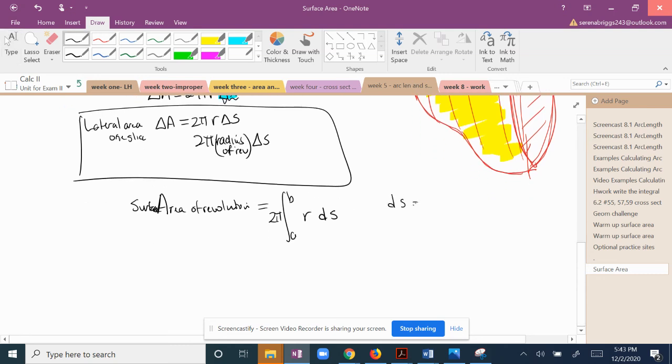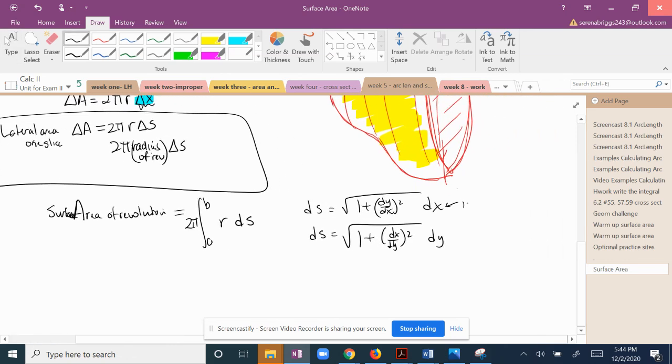Now remember my options for ds. It could be the square root of 1 plus dy over dx, the quantity squared, dx, or it could be ds is the square root of 1 plus dx over dy, the quantity squared, dy, depending on whether I want to be in terms of x or in terms of y.